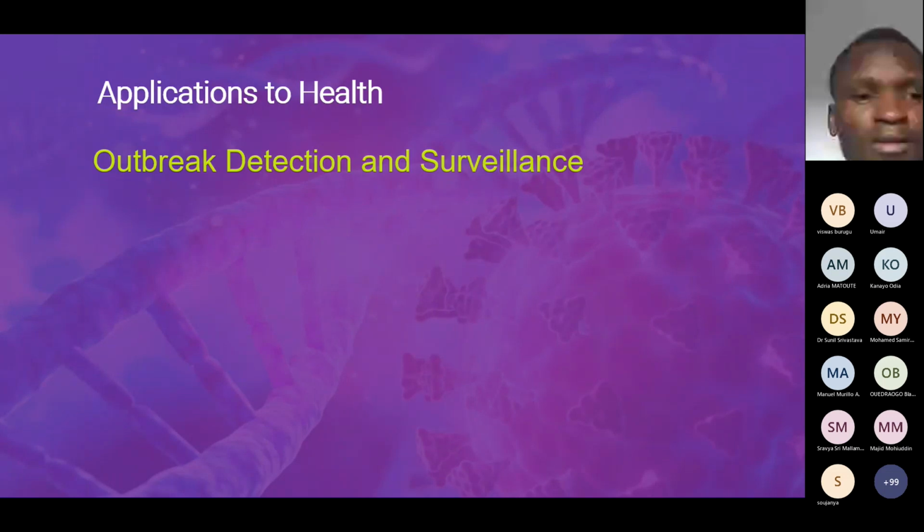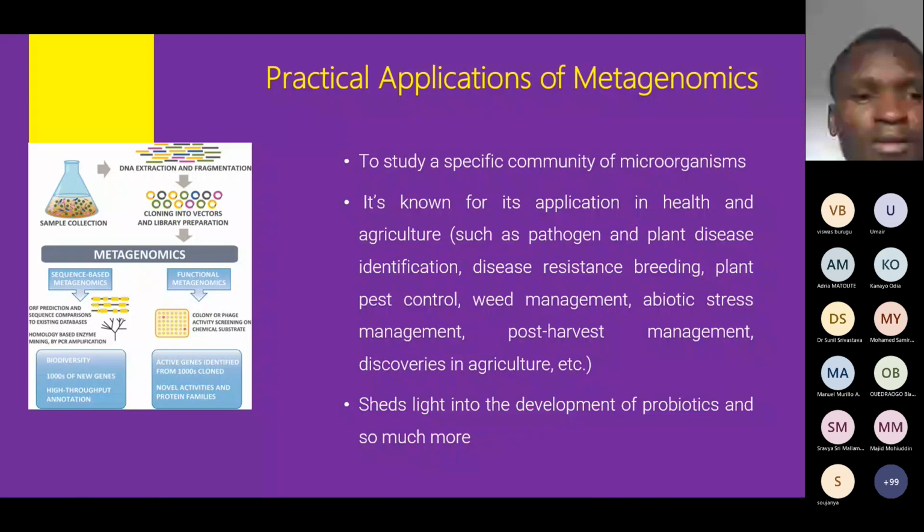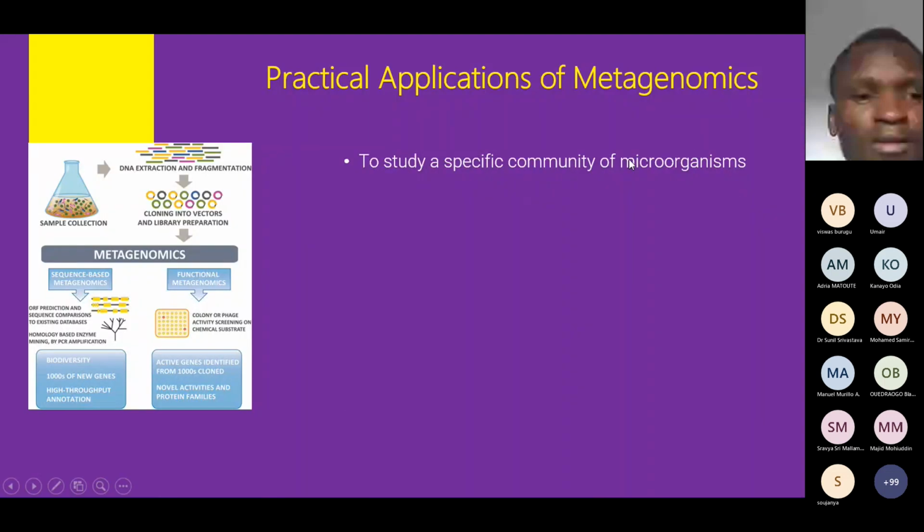By the time you do sequencing, you get the genetic material, which is DNA, the entire genomic makeup of the community of microorganisms in that environment. By the time you start doing analysis, you will know the specific organisms in that community, because you are going to be given the entire community: the name, the strain, the isolates will be there.